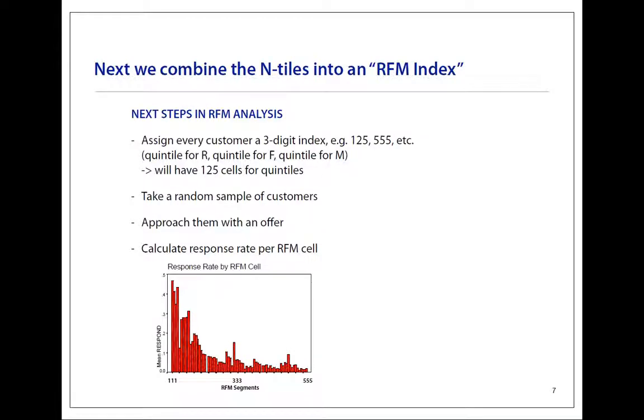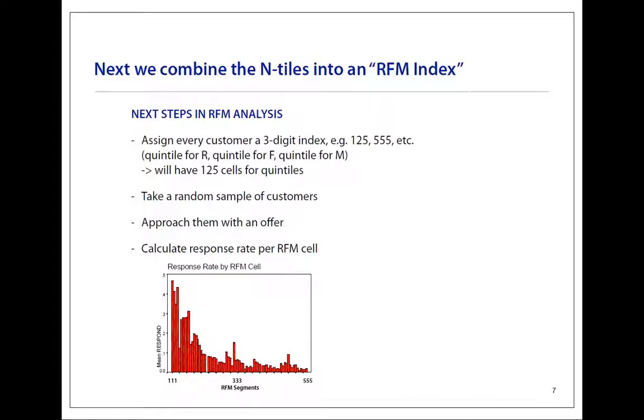So the 1 to 5 group in this random sample has a 5% response rate. And because the random sample is randomly drawn, I can also make the inference that for the whole database, whoever belongs to 1 to 5, on average, has a 5% probability of responding to this offer.